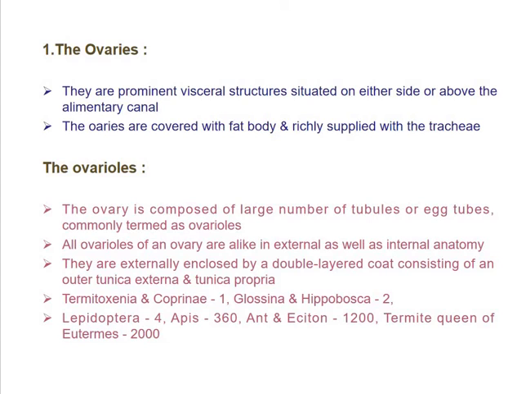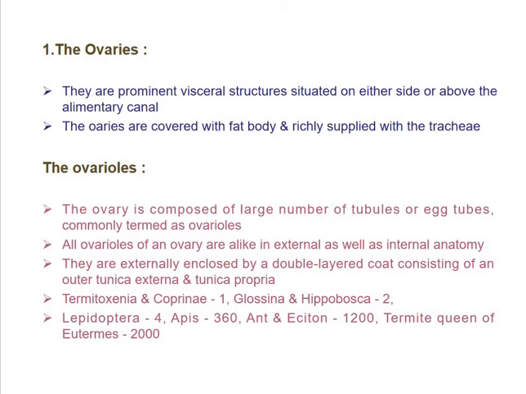The ovarioles are covered with fat body and richly supplied with tracheae, covered by a thin meshwork of tracheae. The ovaries are composed of a large number of tubules, or egg tubes.